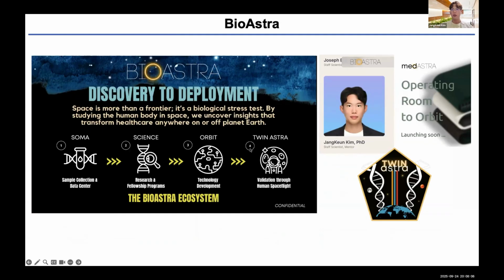We are also trying to launch Twin Astra as a follow-up of the NASA twin study. We want to send 20 to 30 monozygotic twins and analyze the effect of spaceflight in the mission. We will launch this next week at IAC. If anyone is around the IAC in Sydney, please visit the BioAstra booth.